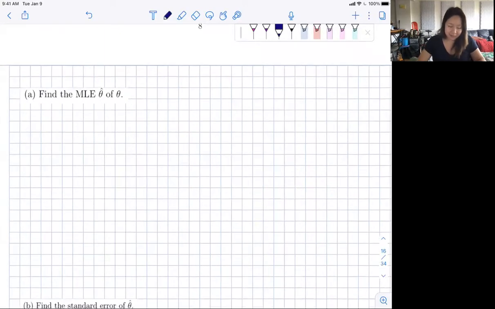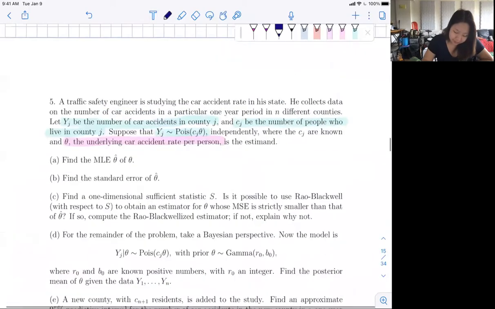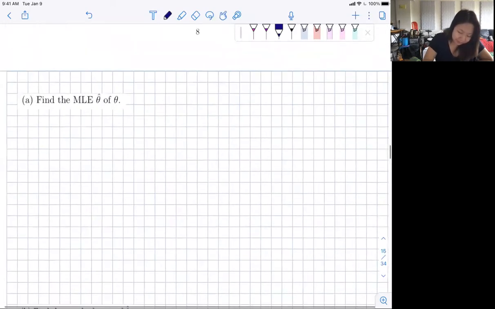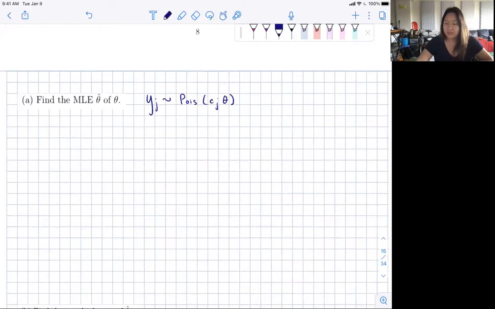So as usual, we compute the likelihood. So we have a bunch of these Y_j distributed Poisson(c_j θ), and we want the joint distribution of that.